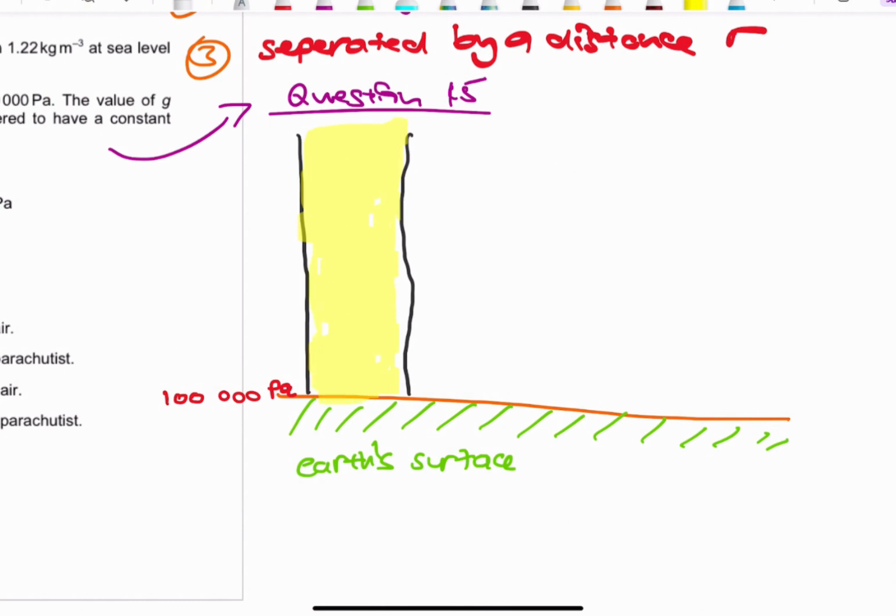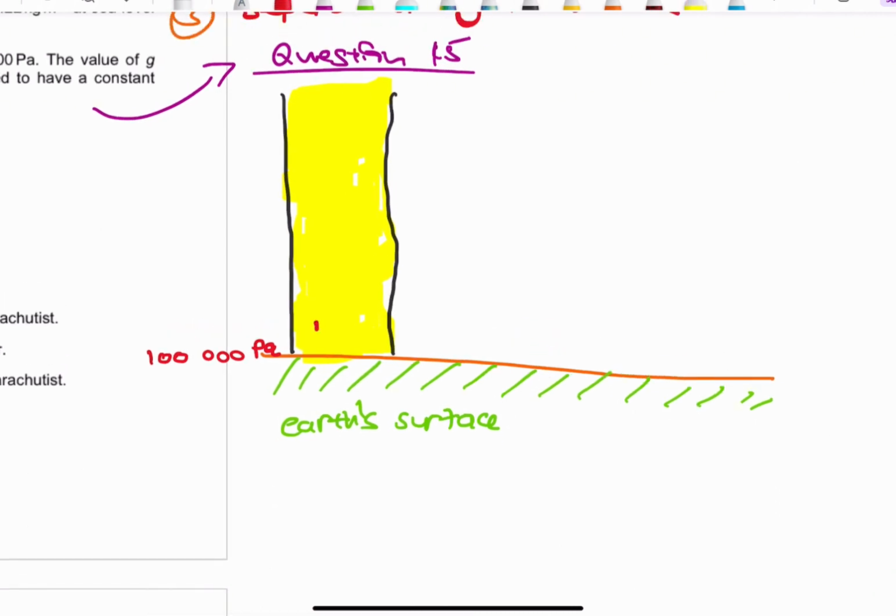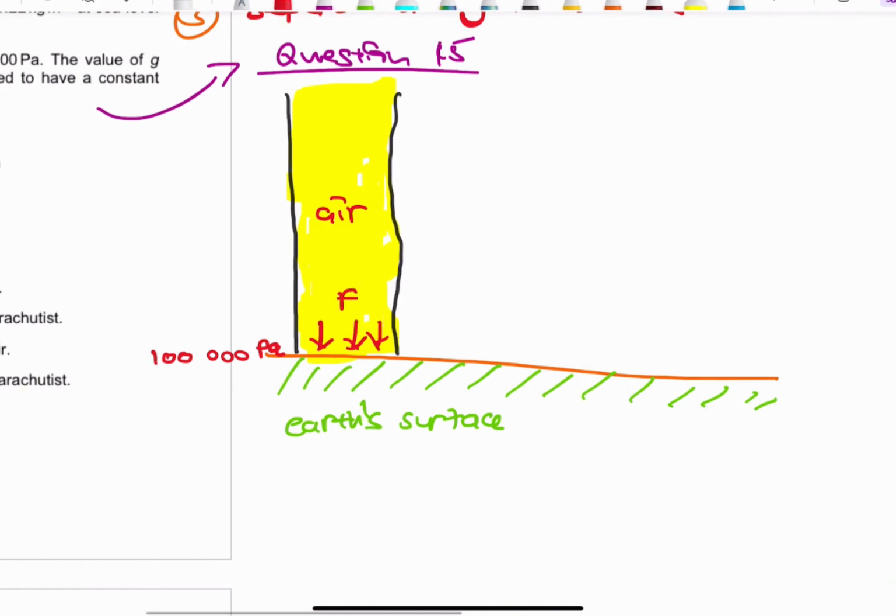So this is all the air that we have, and it's going to cause a force F over a certain area A. That's going to cause a pressure, which is 100,000 pascals. And how far does it extend? Well, as big as our atmosphere. That's how long that column of air is going to be.